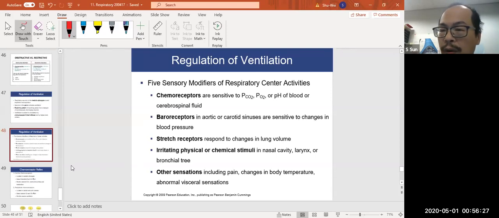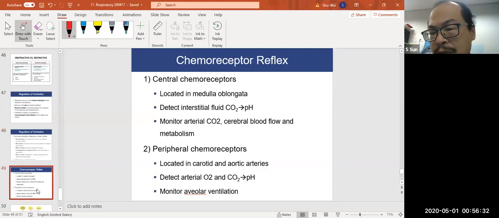Among all these, the major one affecting the respiratory center in our brainstem is the chemoreceptor.